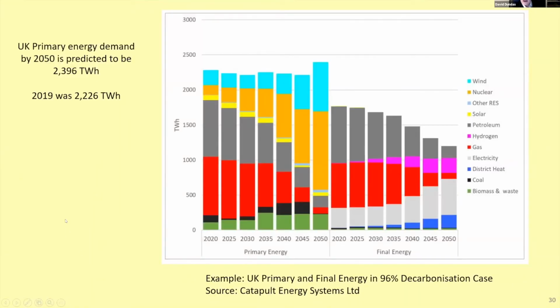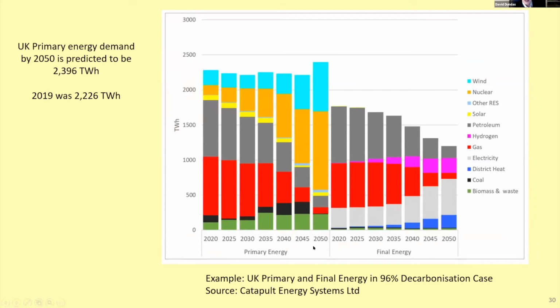This to me is a very interesting slide. It was produced by Catapult Energy Systems, who are located in Birmingham, and they're looking at the primary energy on the left here. That is the energy that is produced in a country. This is for the United Kingdom. And on the right is how it's consumed. So the difference between the left side and the right side is the loss of the energy through poor insulation and inefficient machines and so on.